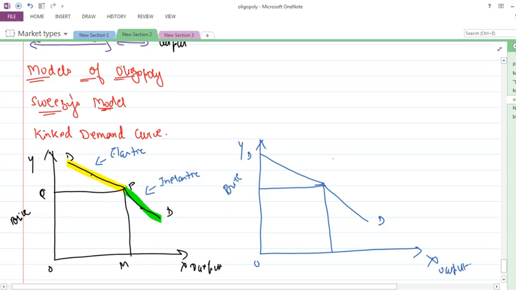So here we have the marginal revenue curve, wherein the kink occurs. There is a gap, and this gap is determined on the basis of where the kink is in the price level.